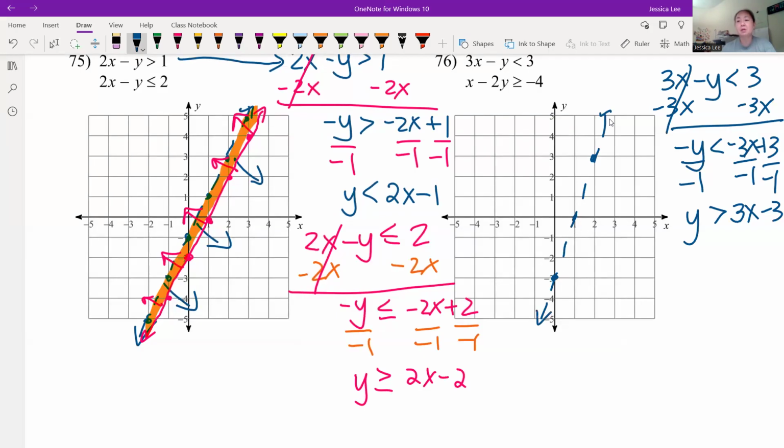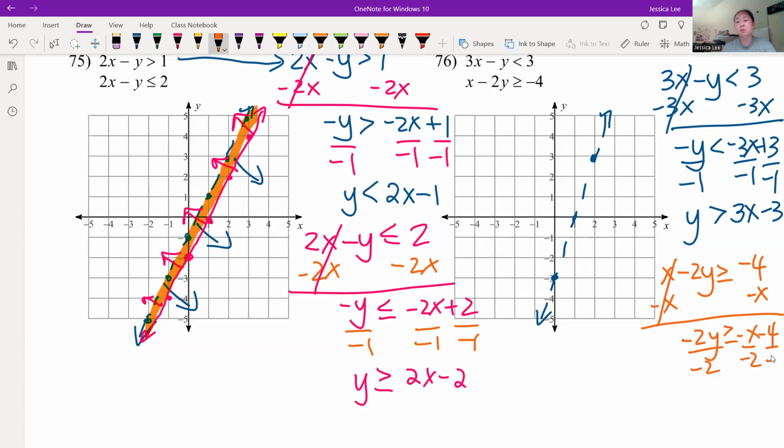Just like that. And we're going to do the second one. This is x minus 2y is greater than or equal to negative 4. And we're going to just subtract x on both sides. Again, if you keep on doing this, your brain will get it. It will get it, I promise. You just got to keep on practicing it. And divide by negative 2.